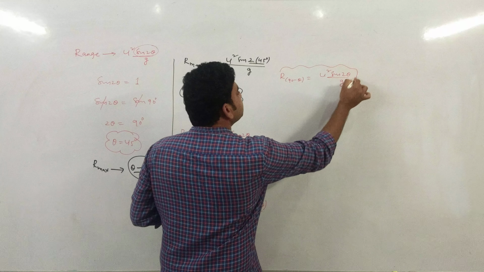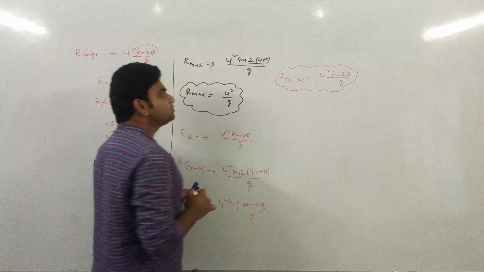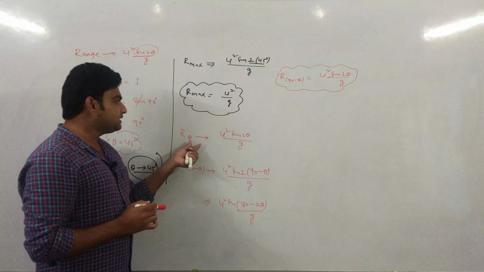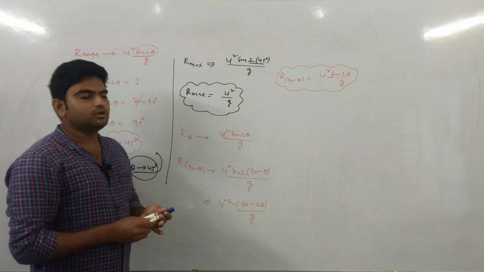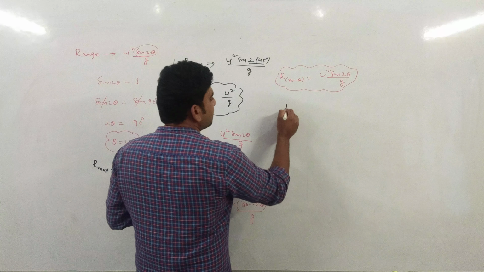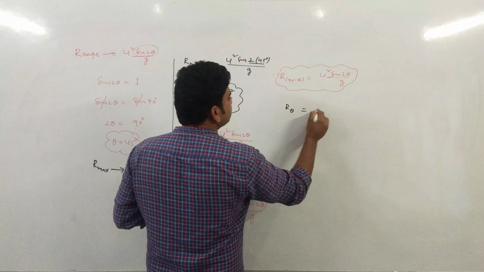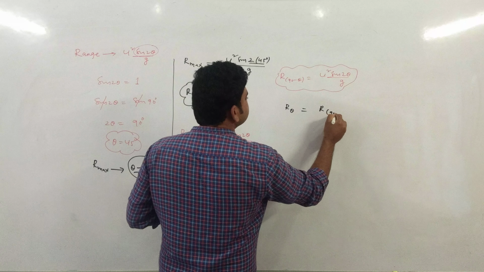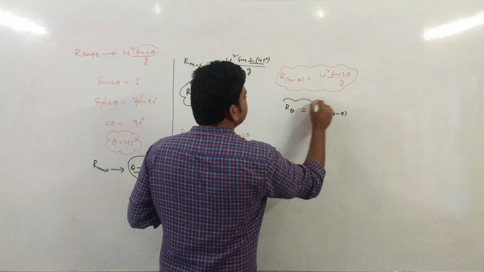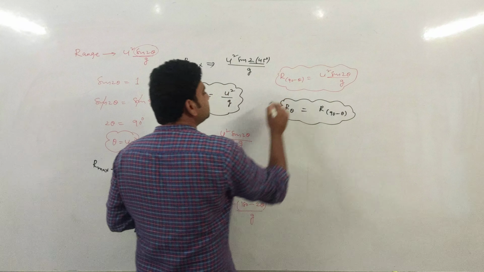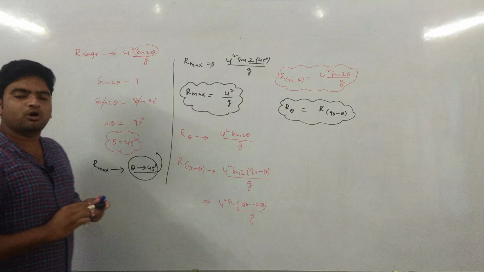So for 90 minus theta also we got the same value, and for theta we also got the same value. From here we can say that R at theta is equal to R at 90 minus theta. What does it mean? It means the range value is the same for complementary angles.